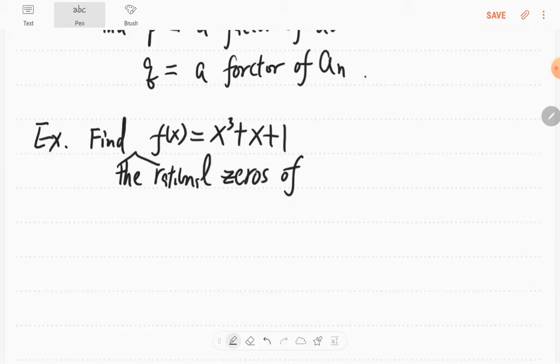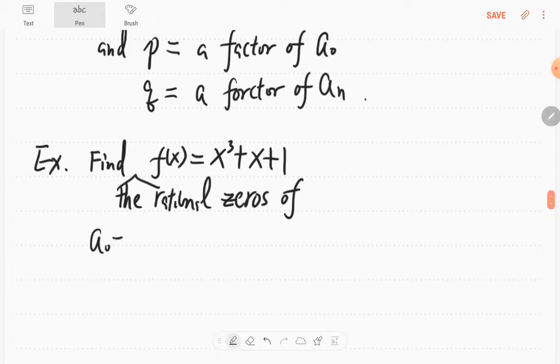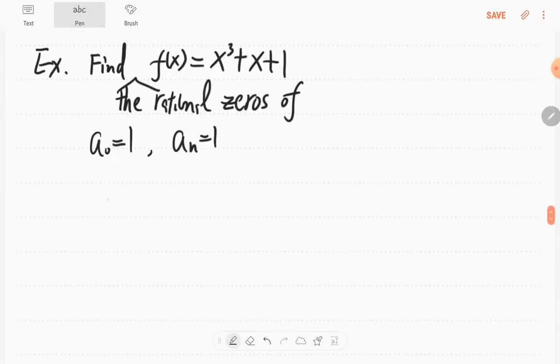Of this function. So how to find? We need to locate the constant coefficient, which is A0, right? A0 equals 1. And AN is also 1. So P over Q, which is what?